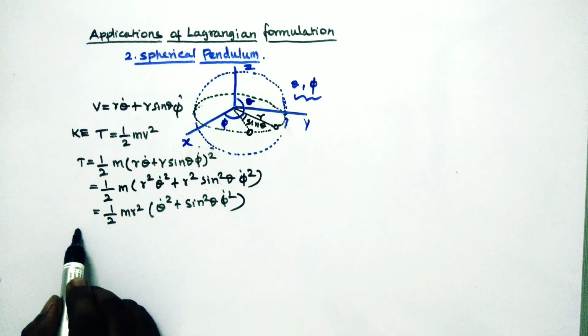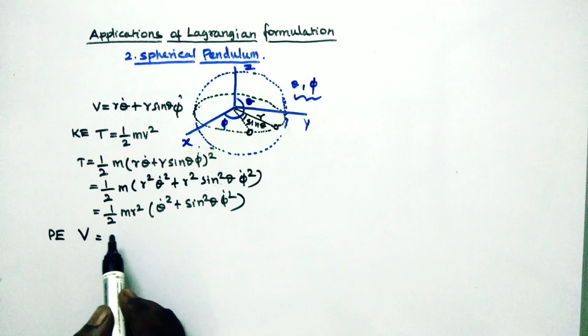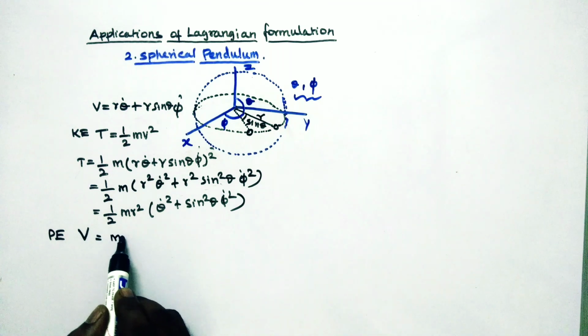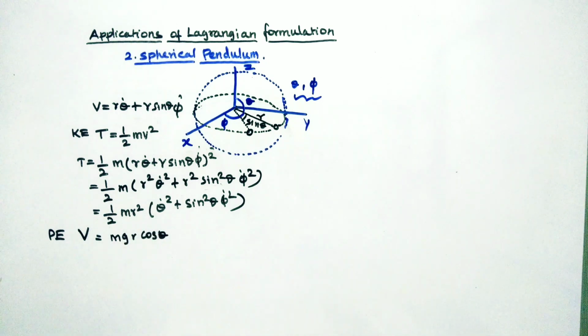Then V is the potential energy, that is equal to m g r cos theta.